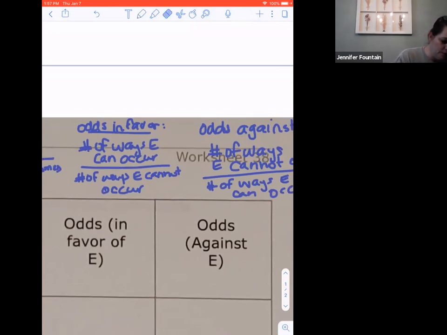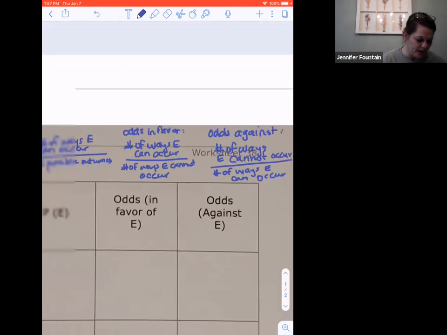Okay, let me erase this line right here so it doesn't look like it's a fraction.